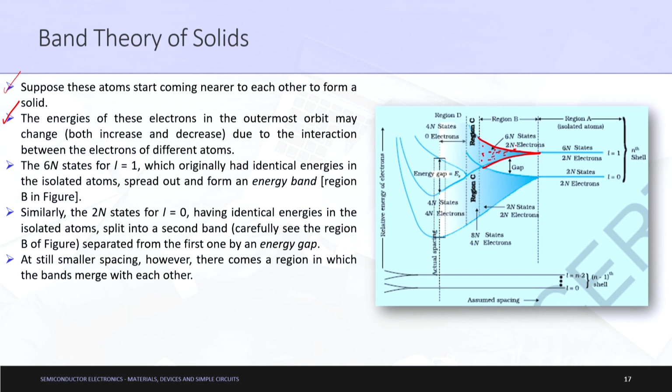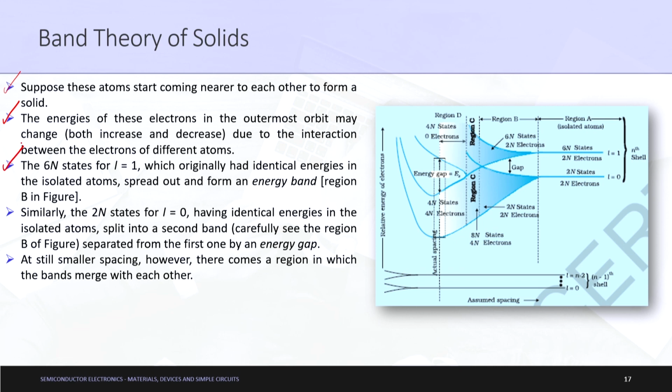It is not a straight line diagram. The electrons residing here have different values of energy. So, the 6n states for L is equal to 1, which originally had identical energies in the isolated atoms, spread out and form an energy band, as you can see.